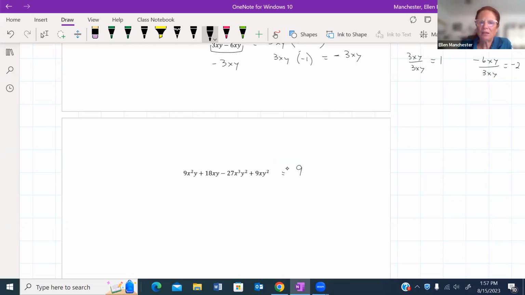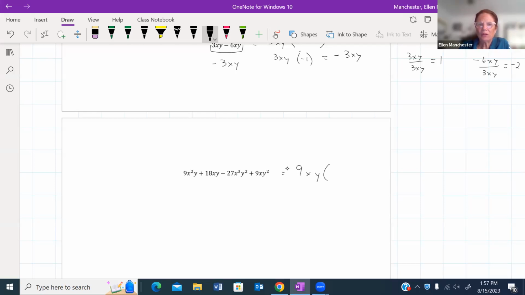So 9 is the common coefficient. Now you look at your variables. None of these are like terms, so we don't want to add anything. But we can take out 1x out of each thing, because we have x here, x cubed, x squared. And we can take out 1y out of each term.